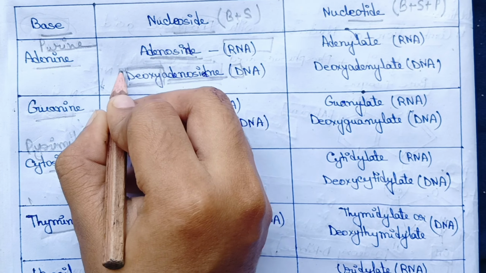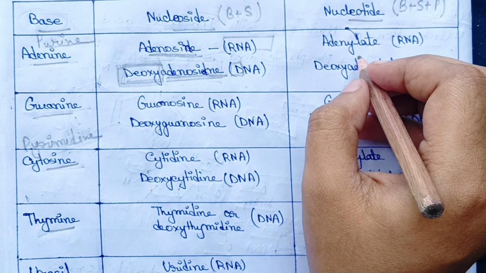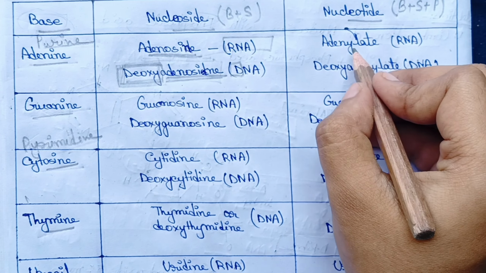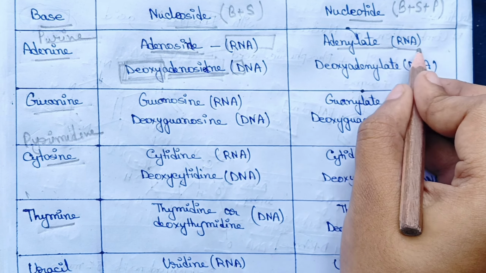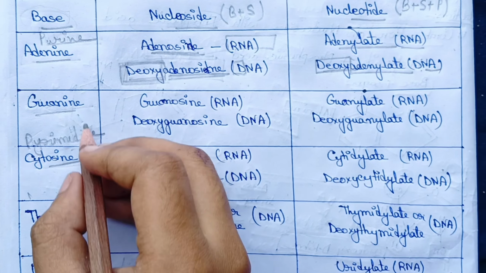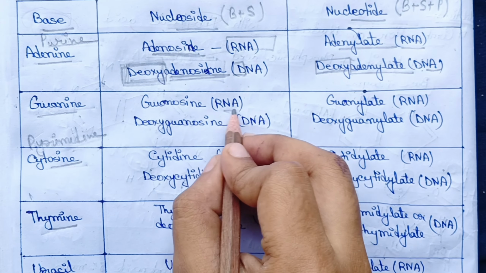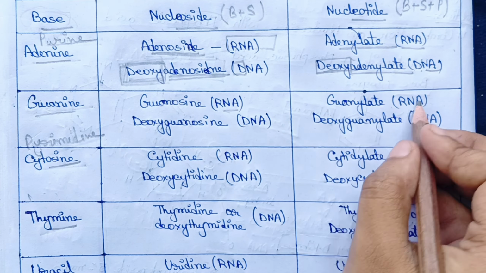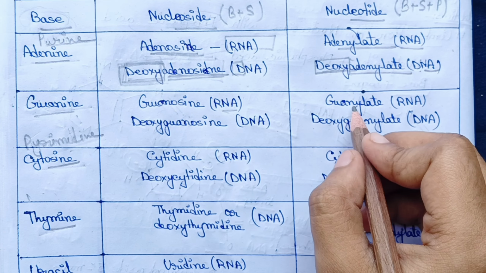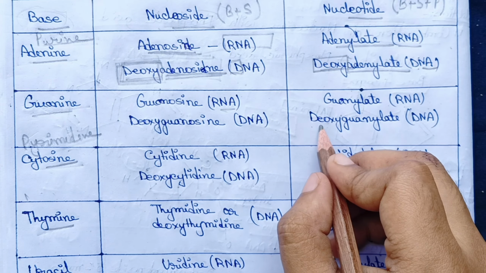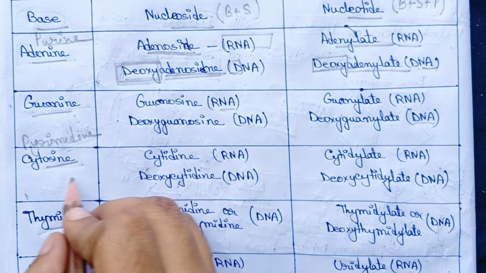In the same way, adenine in the nucleotide is called adenylate in RNA and deoxyadenylate in DNA. Guanine is guanosine in RNA and deoxyguanosine in DNA. In the nucleotide, guanine is called guanylate in RNA and deoxyguanylate in DNA.